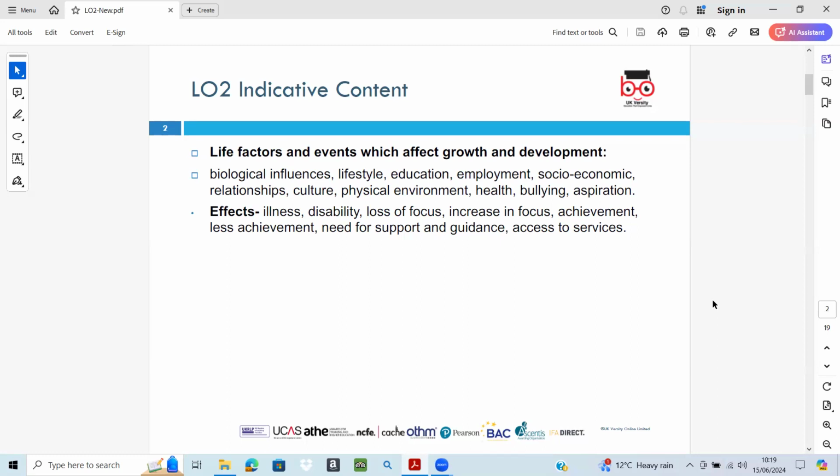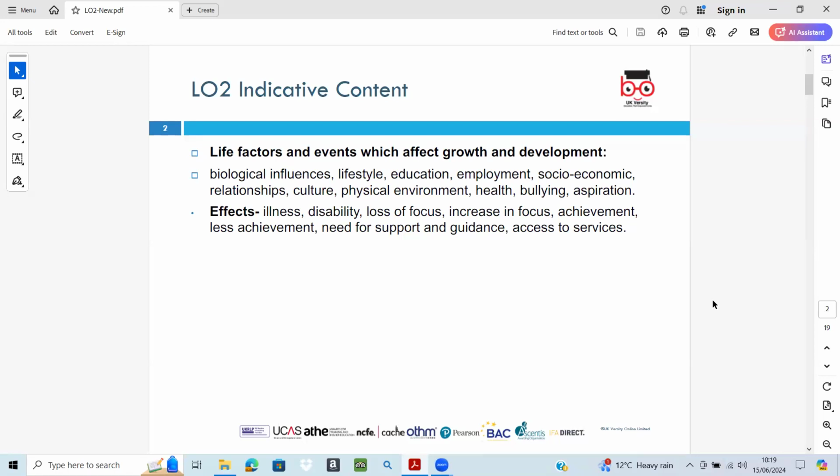Then we have the last one, access to services. So socioeconomic status can lead to access to healthcare, education, and social services, and it influences the overall development of a person as well.